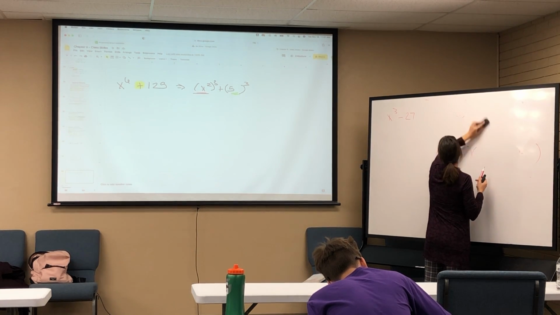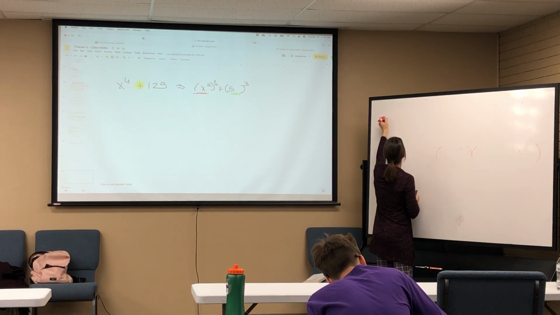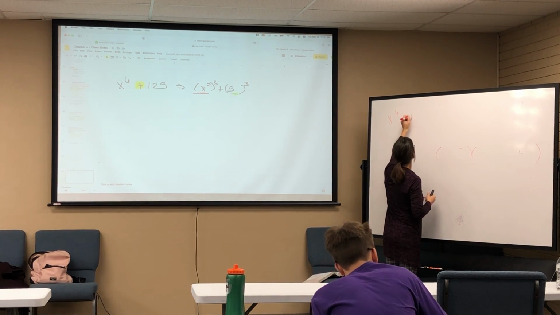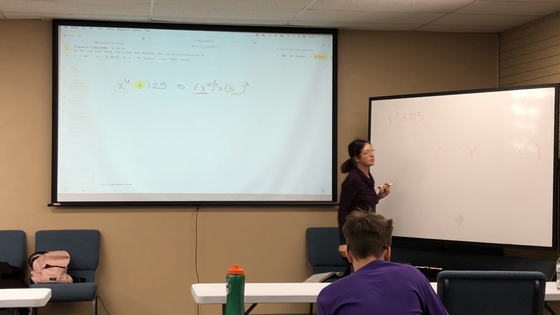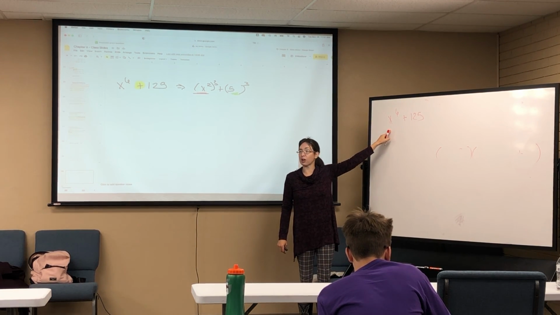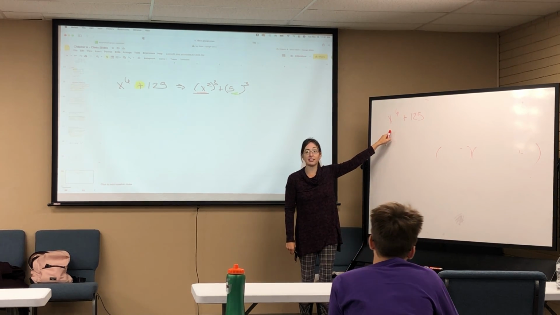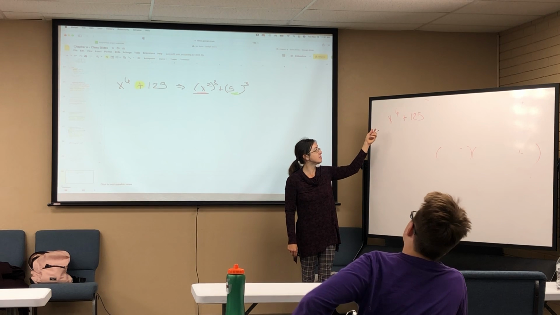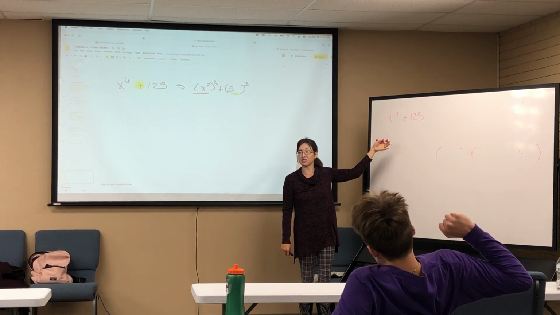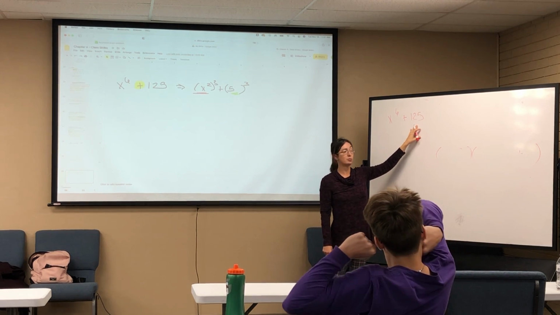In this case, we started with x to the 6th plus 125. Okay? This does not look like an addition or subtraction of cubes, correct? But can I rewrite it? Well, I've got 6, 3 is a factor of 6, and 125 is 5 cubed.